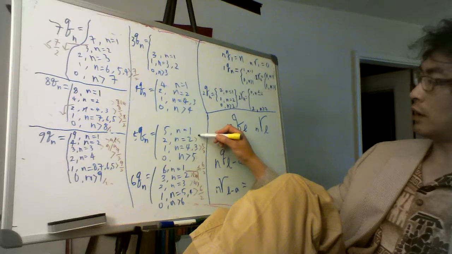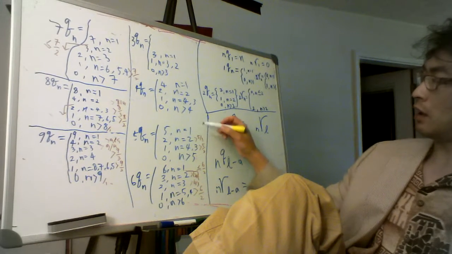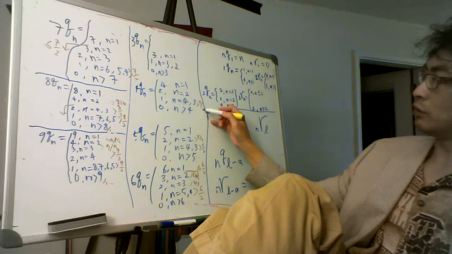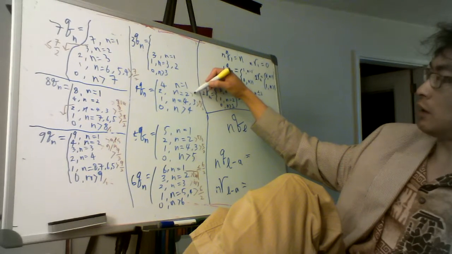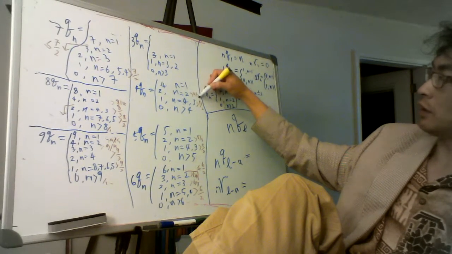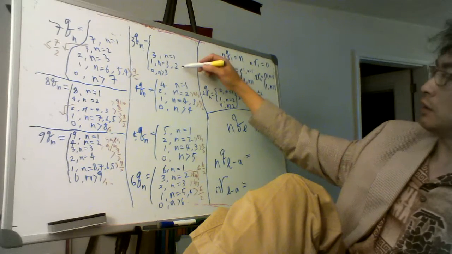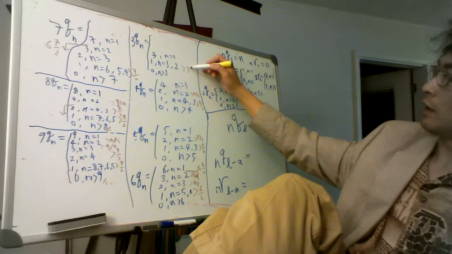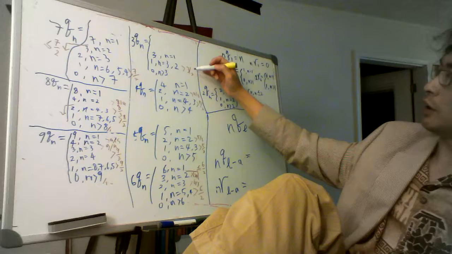Is this more than 5 over 3? Uh-huh. Is this guy more than 4 over 2? Yes. Is this guy more than 4 over 3? Yes. Is this guy more than 3 over 2? Yes.